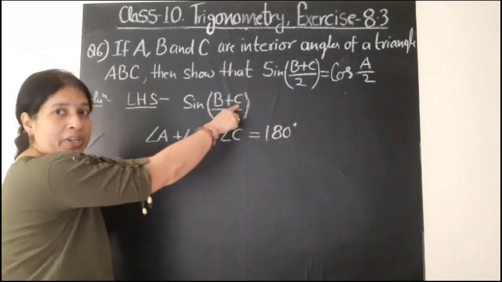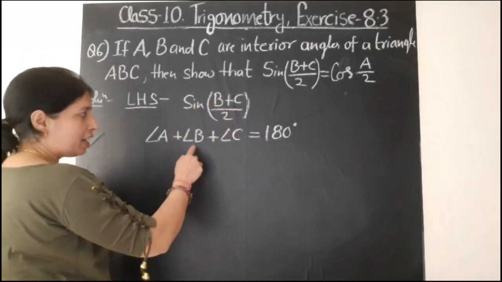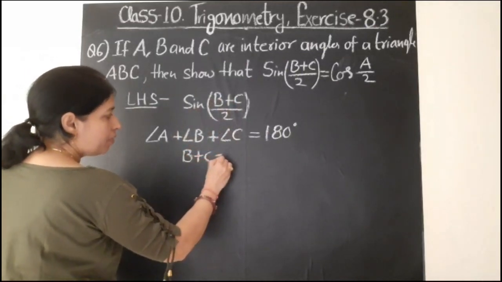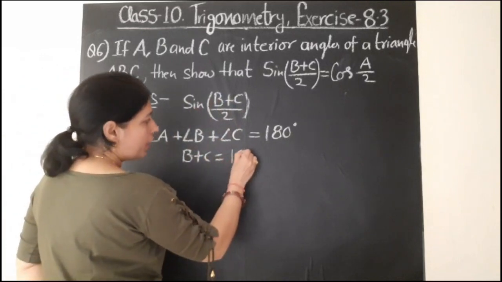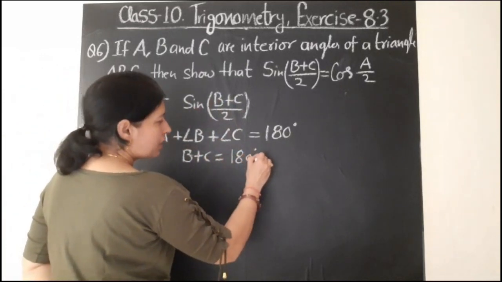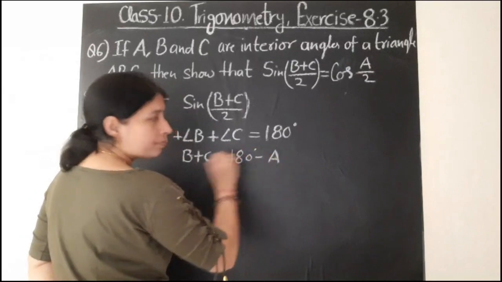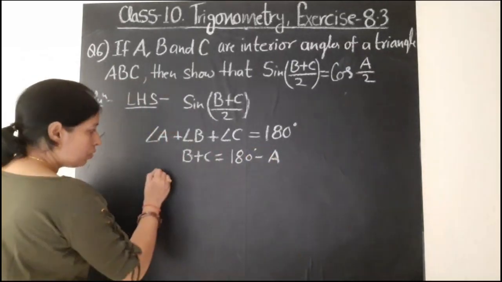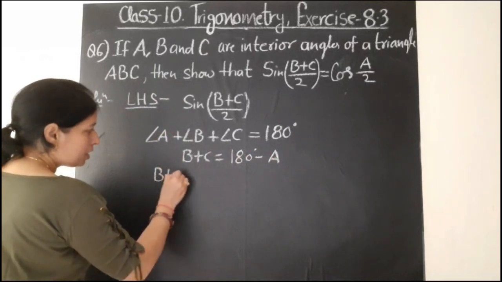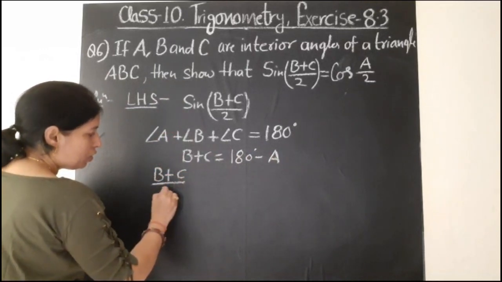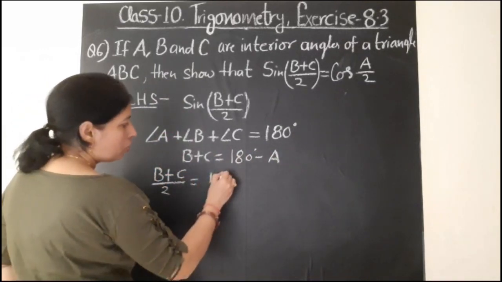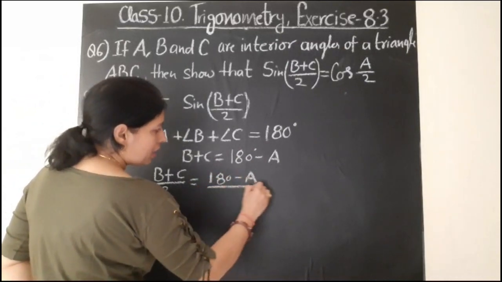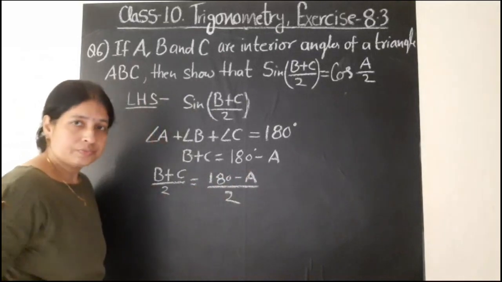So in place of B plus C, from here we can write B plus C will be equal to 180 minus A. Okay. Then what will be B plus C divided by 2? Divide here also by 2.